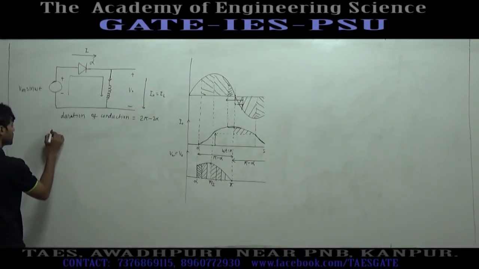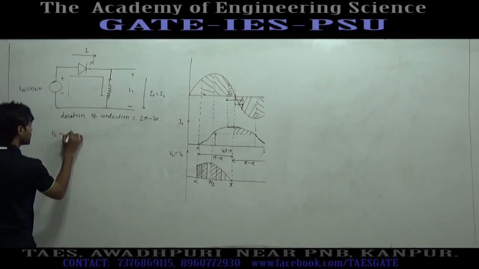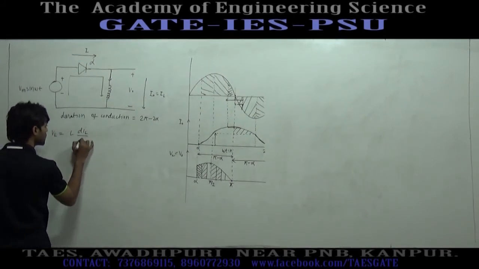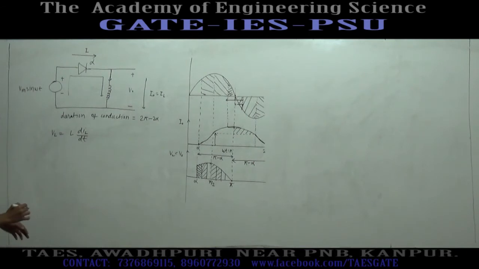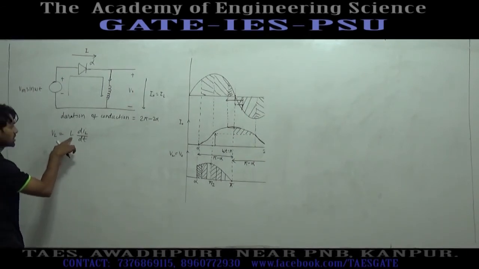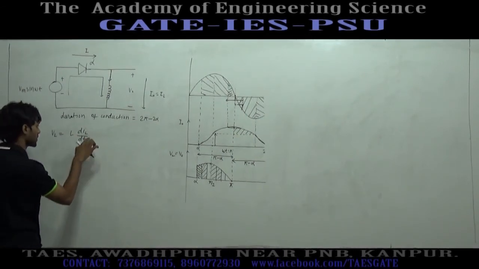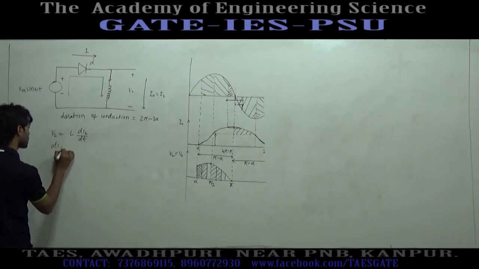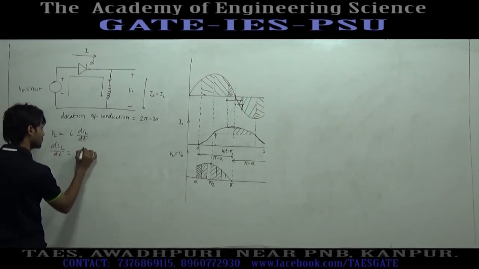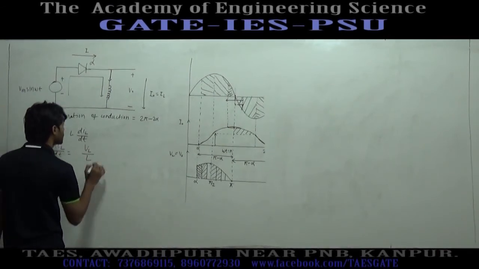We will start from the basic equation VL equal to L dIL over dt, that is, voltage across inductor is equal to inductance into rate of change of inductor current, or the rate of change of inductor current is equal to voltage across inductor divided by inductance.